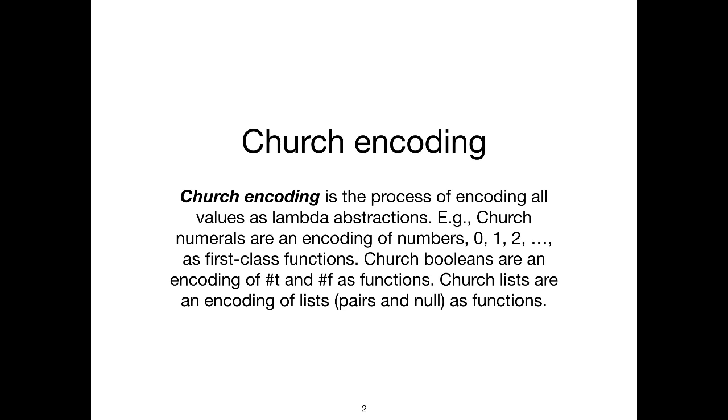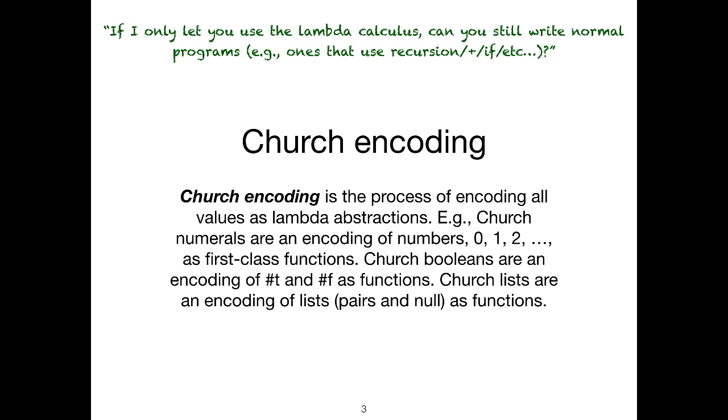So for example, church numerals are an encoding of numbers. Church Booleans are an encoding of things like true and false as functions. And we can also encode more complex data types like lists and pairs and things like that as functions as well. And we're going to show you precisely how to do that throughout this lecture.